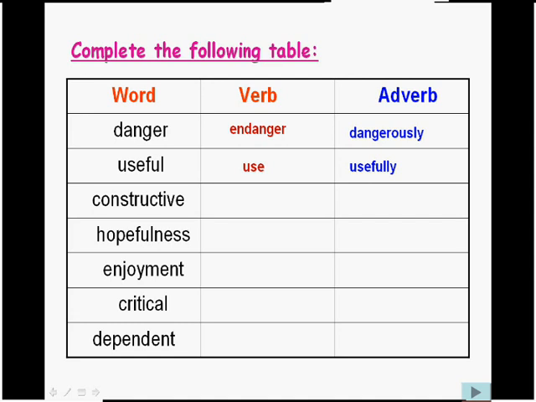So the adjective useful, if you add to it the suffix ly, then you change this adjective into an adverb. So it's usefully. So the verb of the adjective useful is use, and the adverb is usefully.